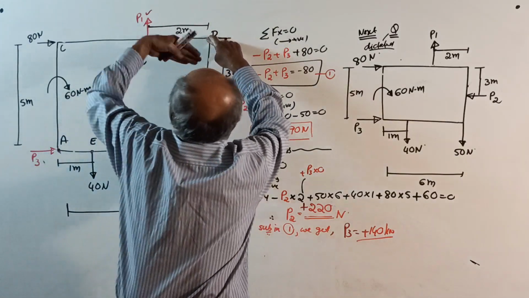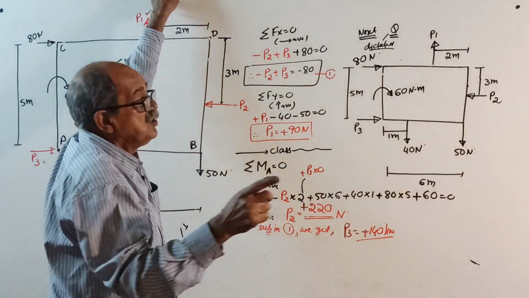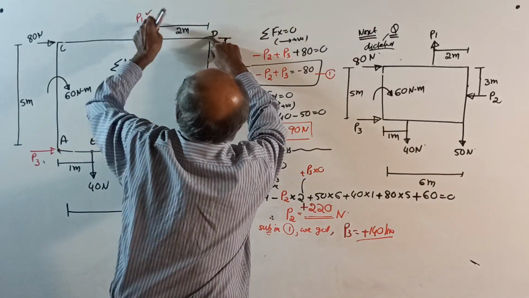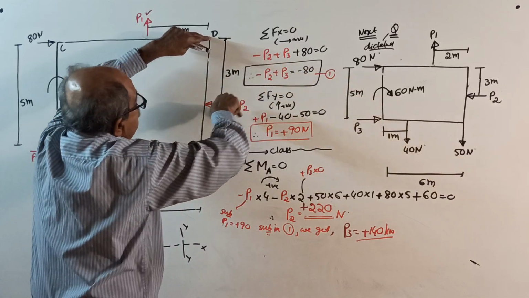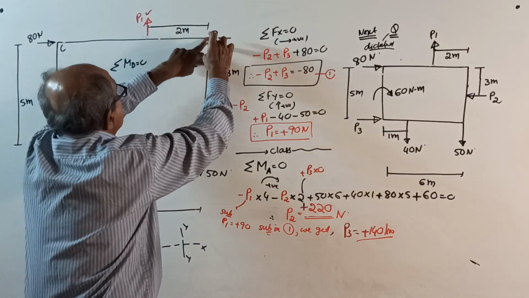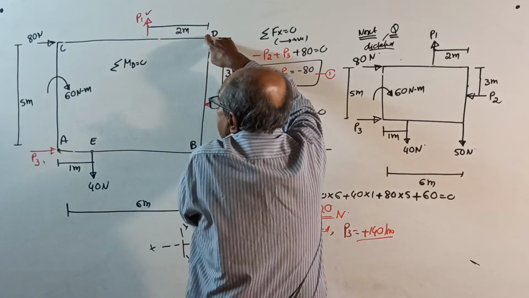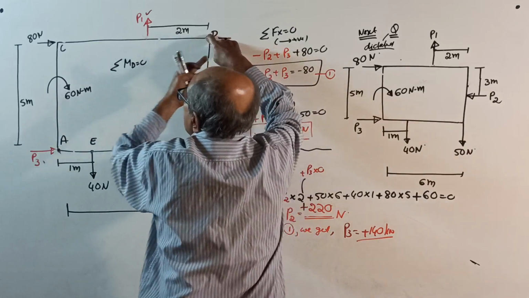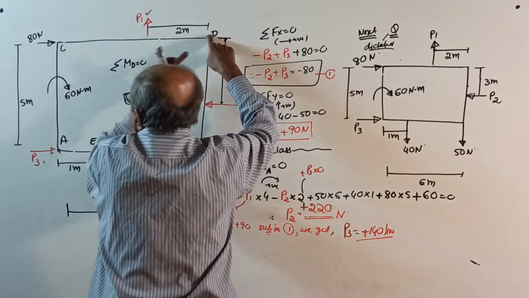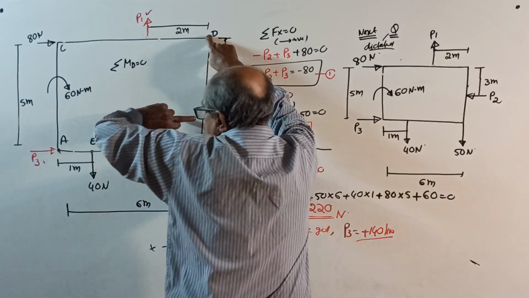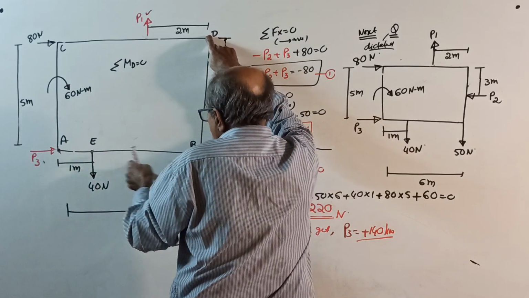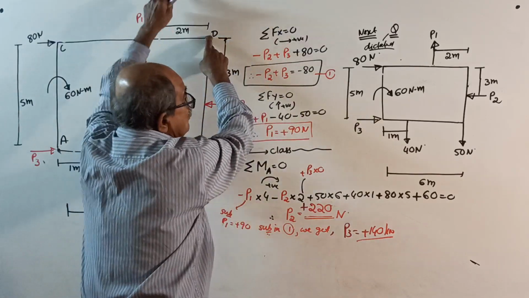Those who are serious should write: plus P1 into 2 plus P2 into 3 minus P3 into 5, 80 into 0 plus 60 minus 40 into 5, 50 into 0.